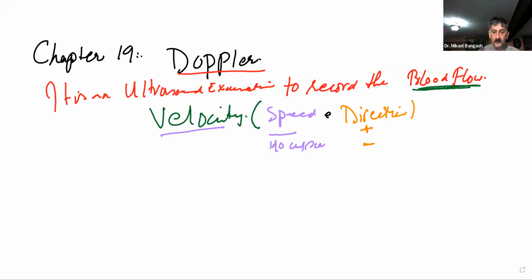If it was, for instance, flowing at a speed of 40 centimeters per second, you could have a positive 40 centimeters per second velocity, or it could be a negative 40 centimeters per second velocity. Clear?